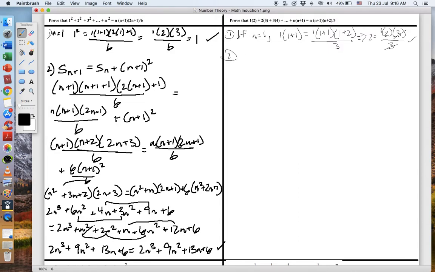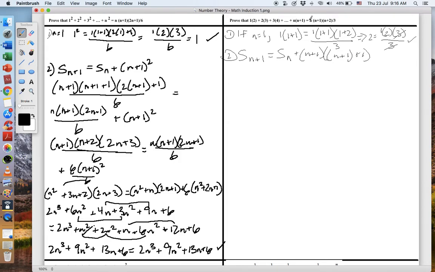Now we need to look at n plus 1, so we're looking to say the sum of that series for n plus 1 is equal to the original plus n plus 1 times n plus 1 plus 1.